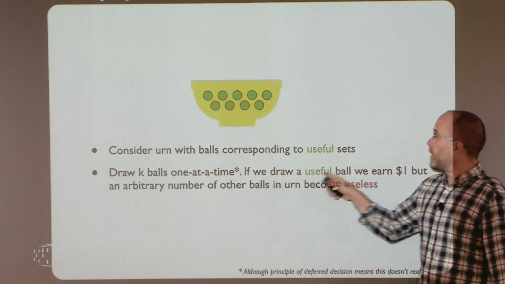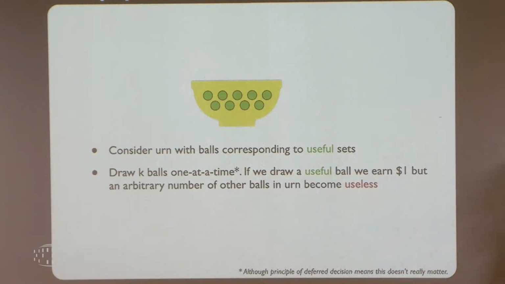Now, if we draw a useful ball, so if we sample a set that's useful and add it to our current solution, remember what we said, some other sets that were previously useful could become useless. We denote this: those useful sets, those green balls, have become red balls.